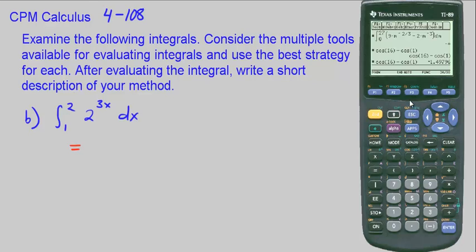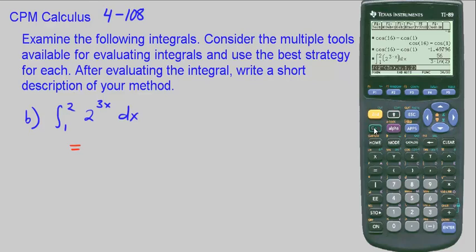So I'm going to go to F3 to calculate. I'm going to choose number 2, integrate. I'm going to put the function 2 to the power of 3x, comma the variable x, comma the start boundary to the stop boundary. That's going to give me the exact value.